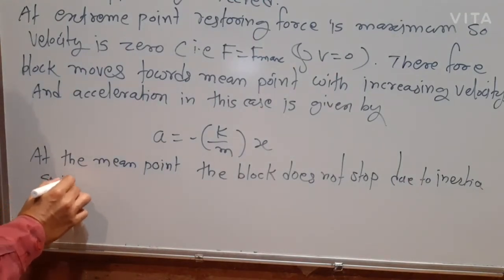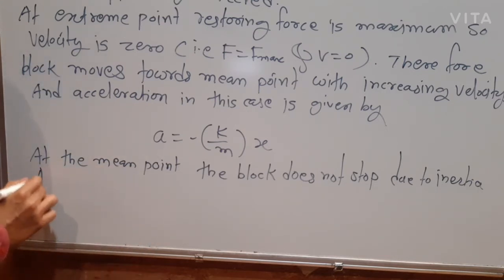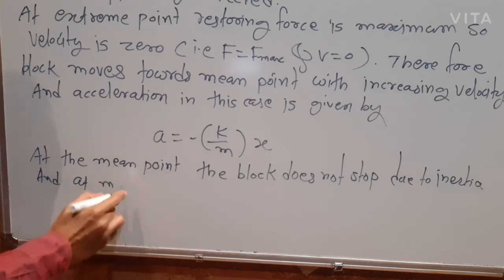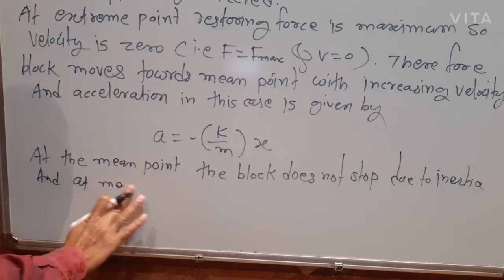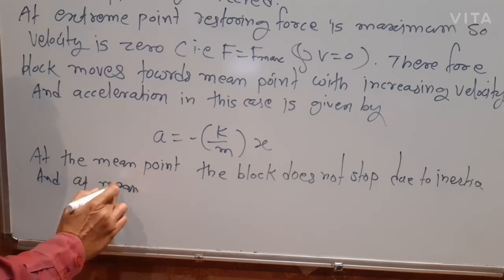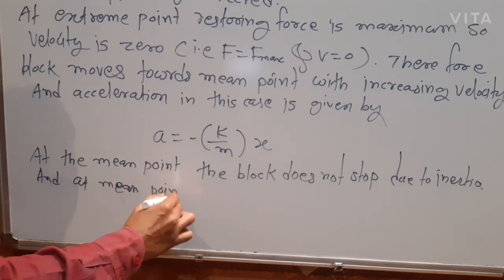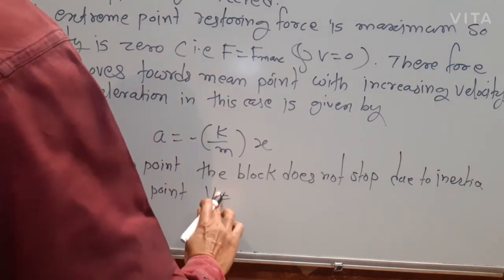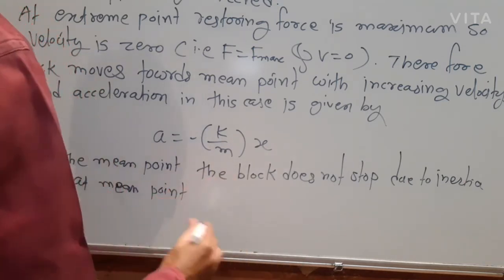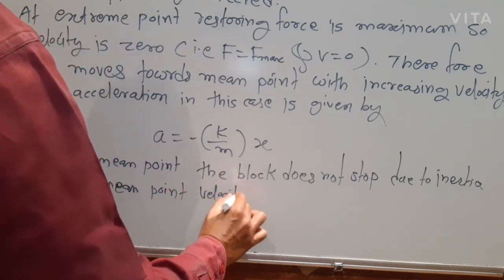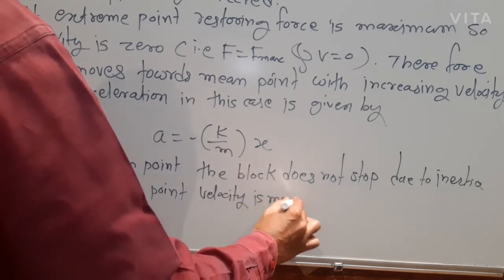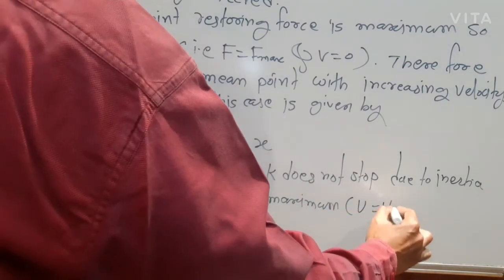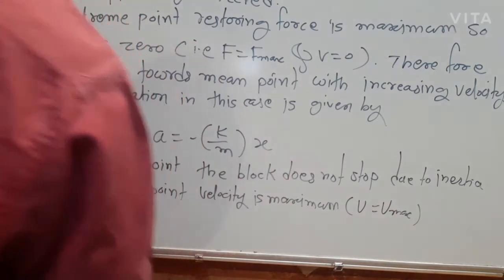And at mean point, velocity is maximum, that is v is equal to v max.